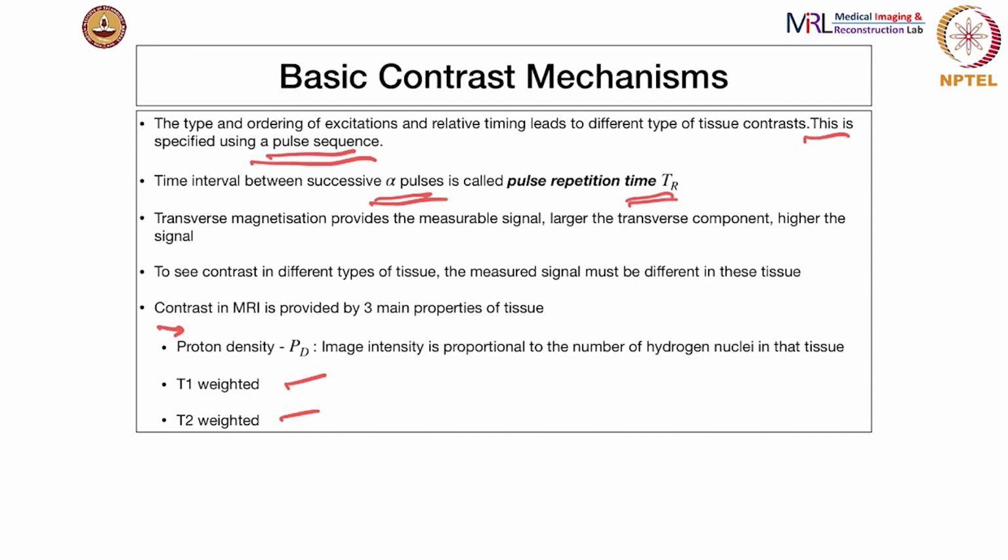And T2 is also the same thing, a chemical property, because you are looking at how fast the spins dephase in the plane, and that depends on the kind of inhomogeneities introduced by other spins in there, which once again depends on the chemical composition of the tissue at hand. So both of these properties are tissue dependent, and we can capture them by playing with TR and TE. The other property is TE, how soon you measure.